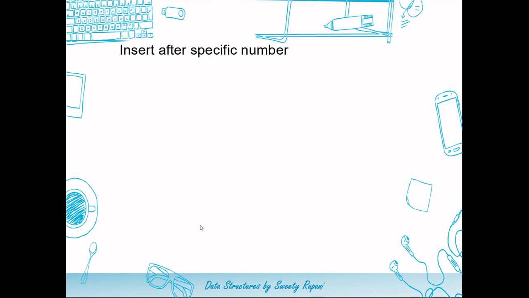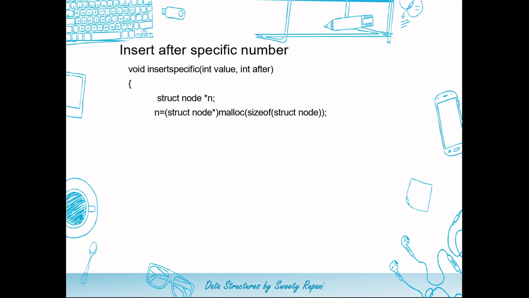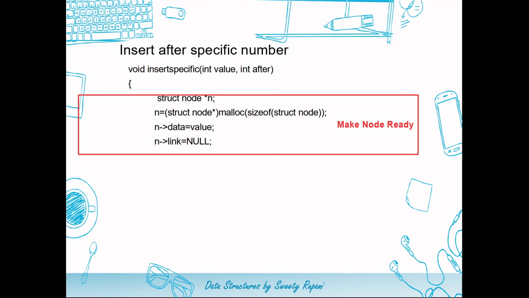To insert a number at a specific position, we will make use of insert specific. Say I want to insert a value 5 after a value 10. For that also we have to make a node ready. So the steps would remain the same, making a node ready irrespective of which insertion you are doing.